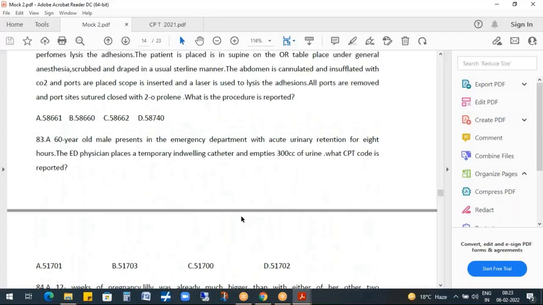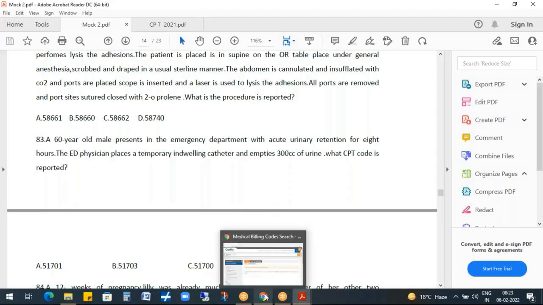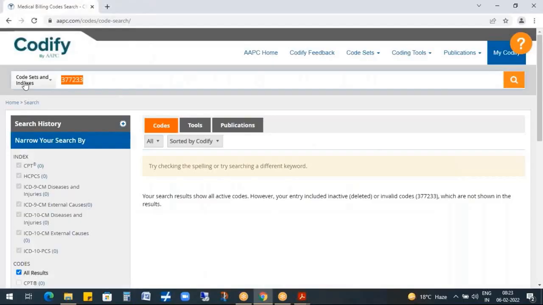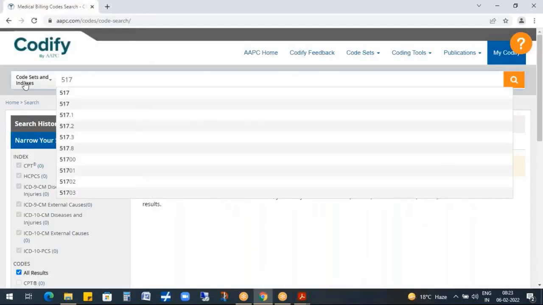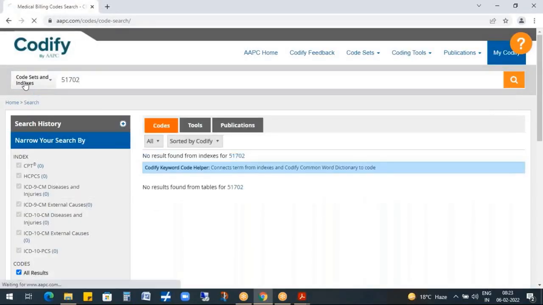Sir, in 83, by seeing this question, how can we differentiate whether this procedure is simple or complicated? First of all, what are the codes? 51703 and 51702, both are temporary indwelling catheters.